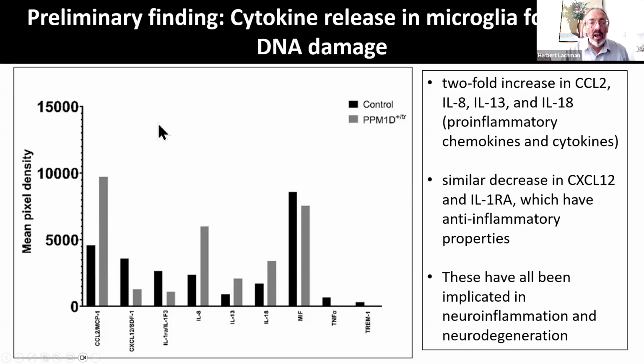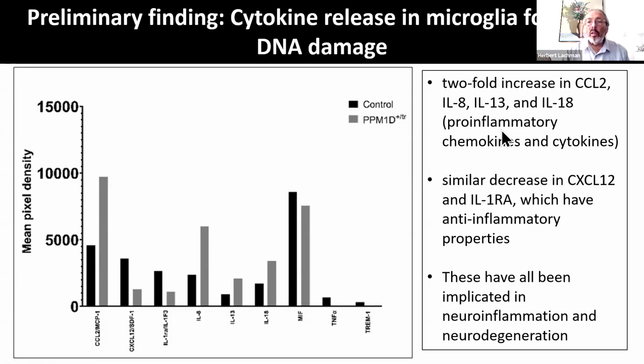I'm not going to show that here, but here's our first experiment looking at cytokine release following DNA damage. And I mean, it's one versus one, so it's really kind of meaningless. But what we see is a very intriguing result.